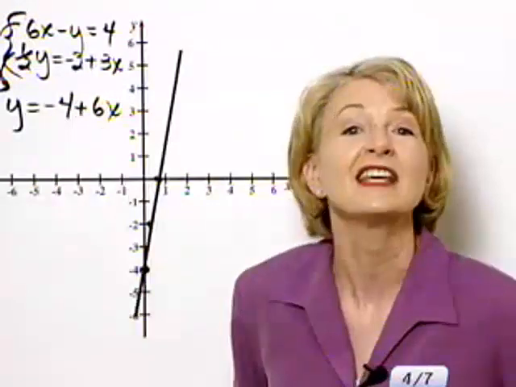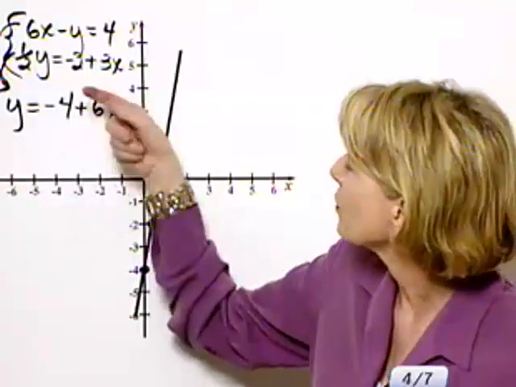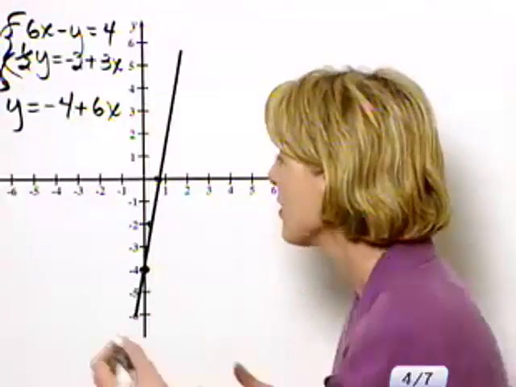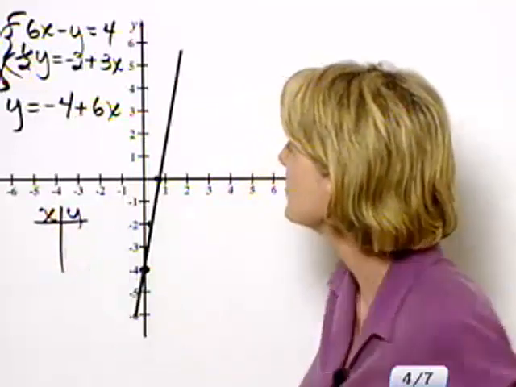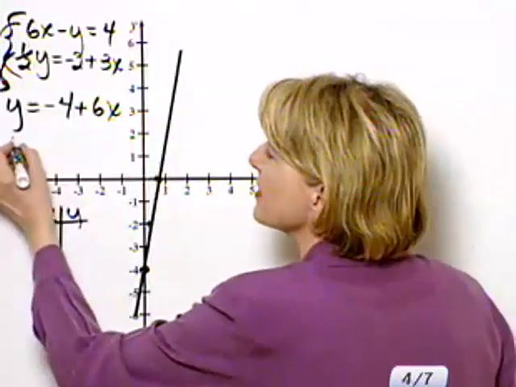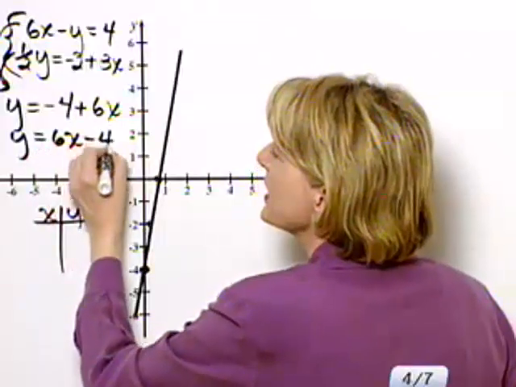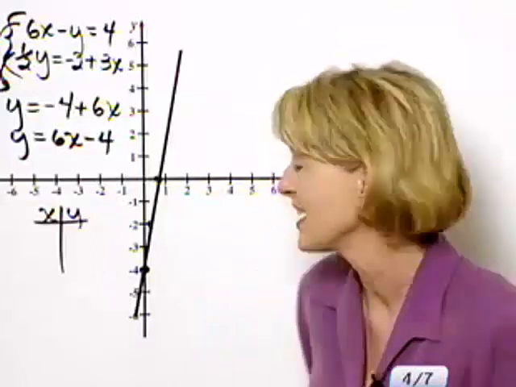So this is equivalently the same equation as the second one of the system. By the way, if I write this as y is equal to 6x minus 4, we know the slope is 6, and we know the y-intercept is negative 4.